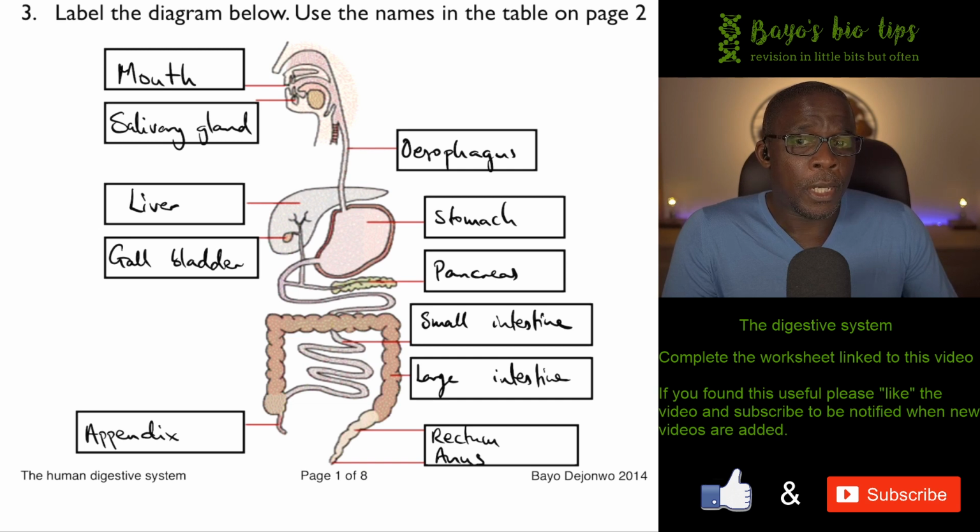The next part of the digestive system is the stomach. In the stomach, the food that's come in is further digested, but the main food that's digested in the stomach, pretty much the only food that's digested in the stomach, is protein. And that's where the proteins that come in your food are broken down completely into their constituent amino acids.